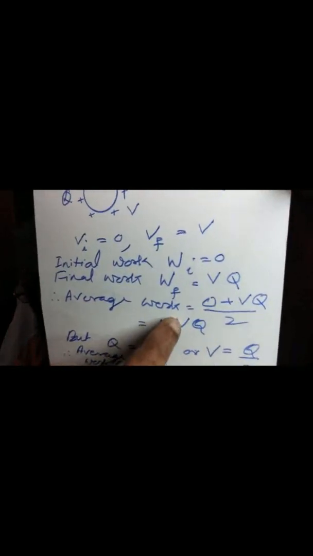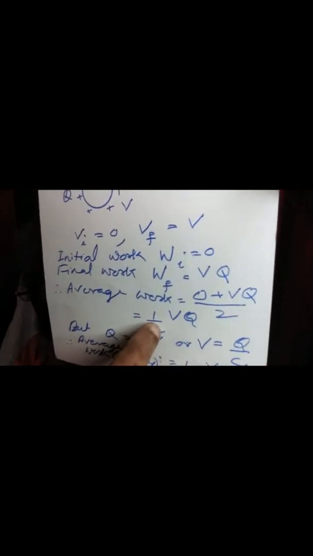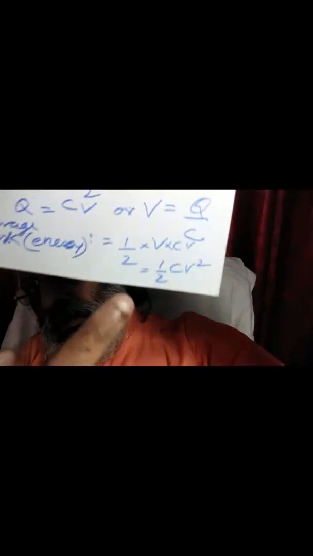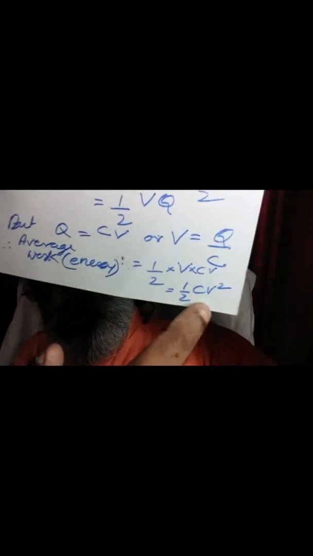Or you can replace this V as Q by C. Then average work is half into Q by C into Q, or Q square by 2C. There are two forms for the average work done: one is half CV square, the other is Q square by 2C.